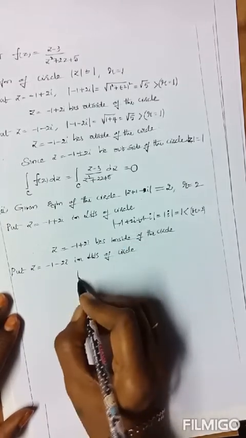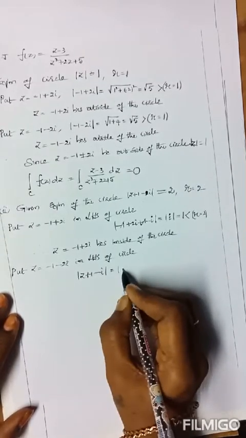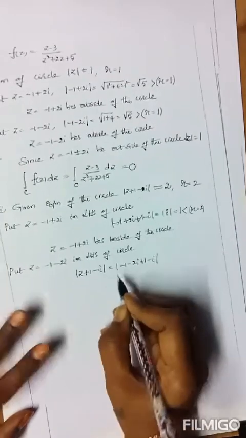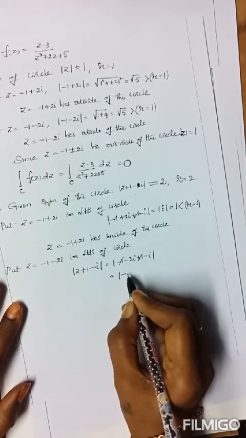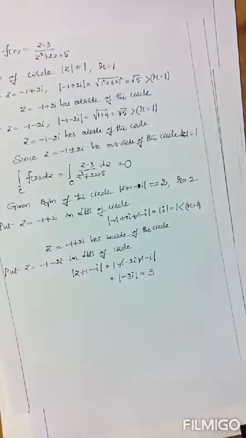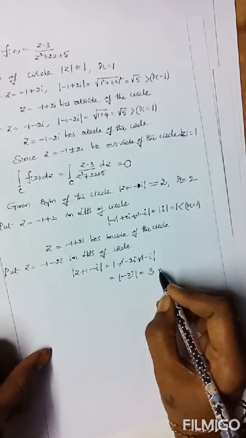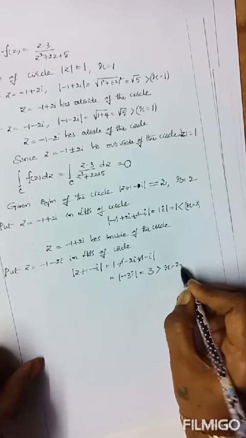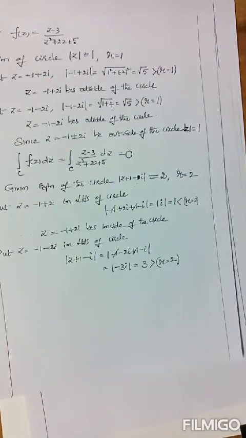The present circle, modulus of z plus 1 minus i: modulus of minus 1 minus 2i plus 1 minus i equals, here plus 1 minus 1 cancel, modulus of minus 3i, which is equal to 3. Square root of 3 squared is 3, which is greater than 2, so the point lies outside of the circle.